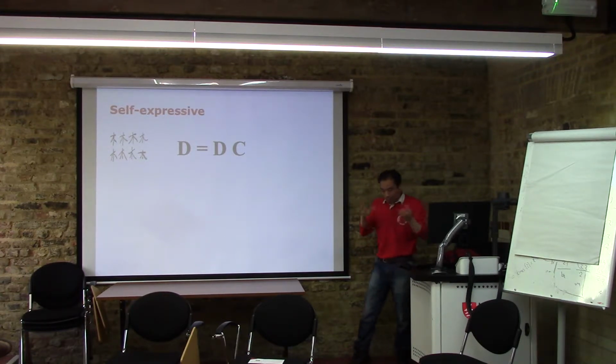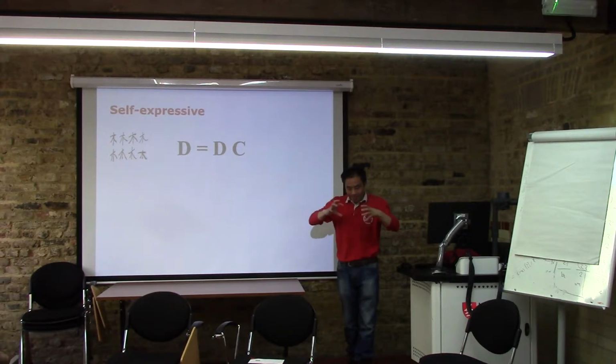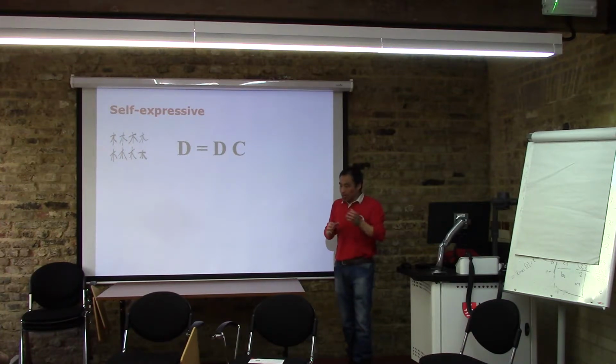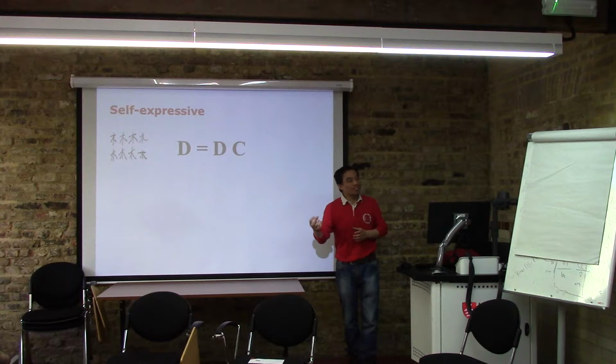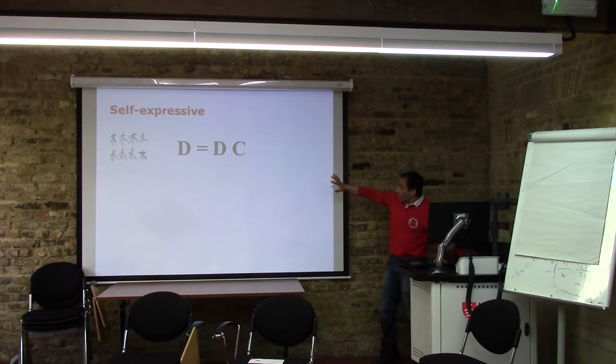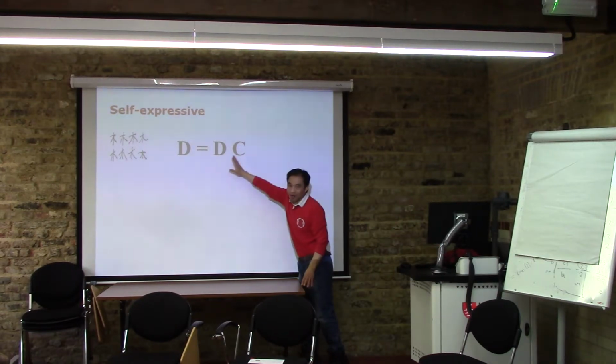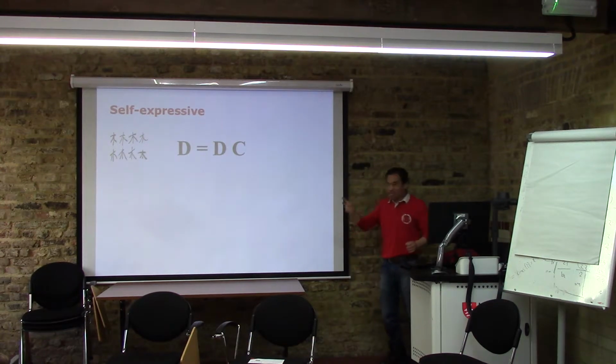Just now we said we want to make the rank as low as possible. And we know the rank means some intra-class data can be represented by others. We haven't yet used this property: any data can be expressed by itself. What does it mean? D equals D times C. If C is the identity matrix, no problem, but does it make any sense?